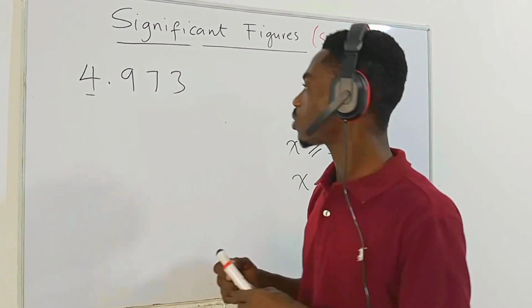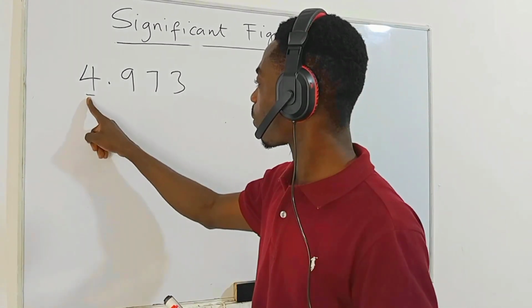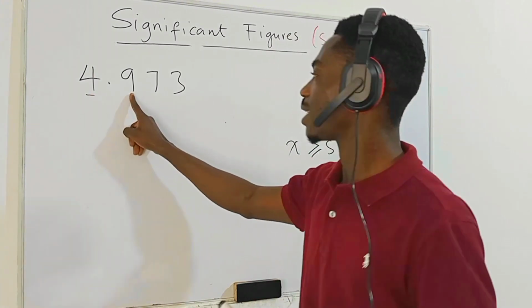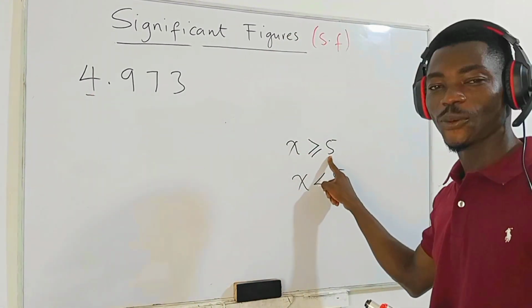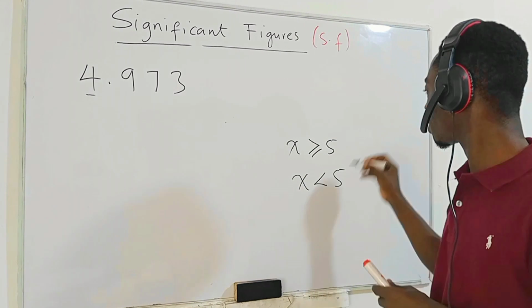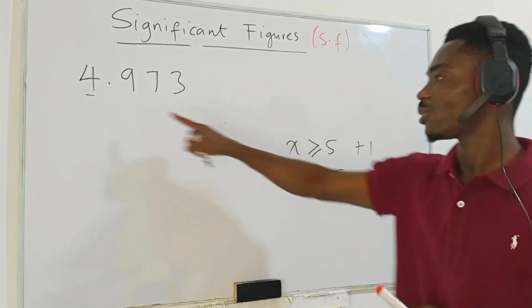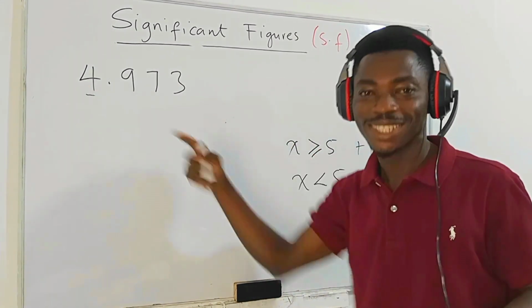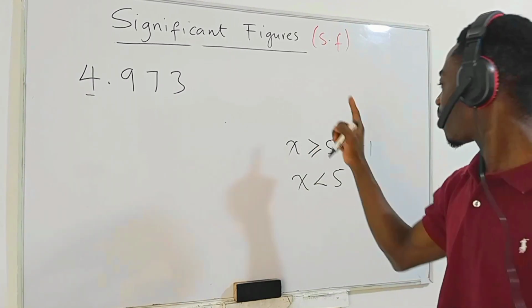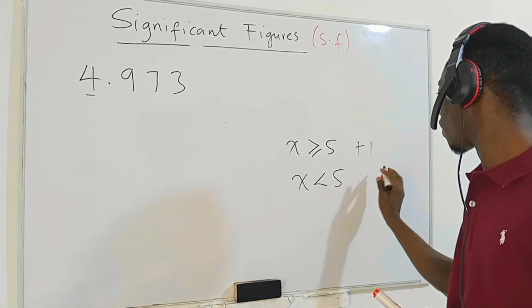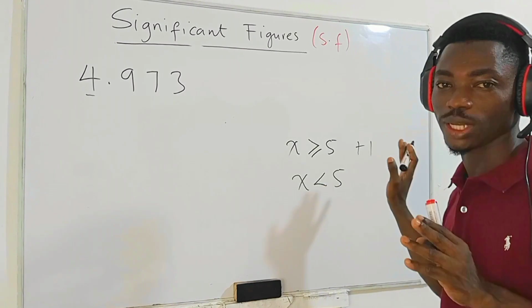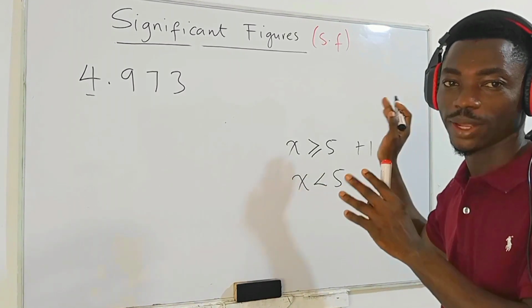So with this one, we landed on 4. The number next to the 4 is 9, which is greater than or equal to 5. If that happens, then we are going to add 1 to the number right here. In the same way, if it is less than 5, then we are going to leave it like that. We are not going to do anything to it. We just throw it away, right?